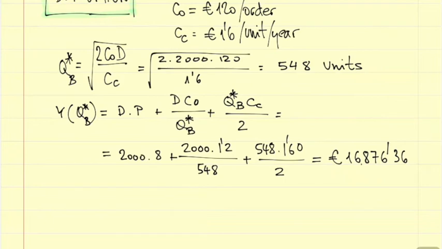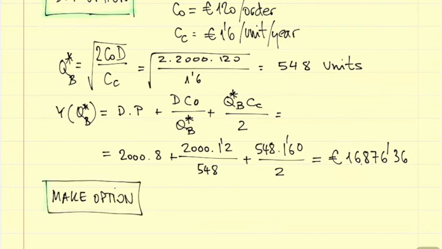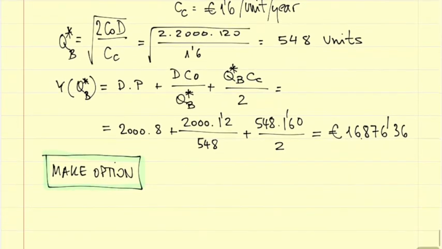So the make option, a little bit more difficult. Here we have a CO equals 60 euro setup.